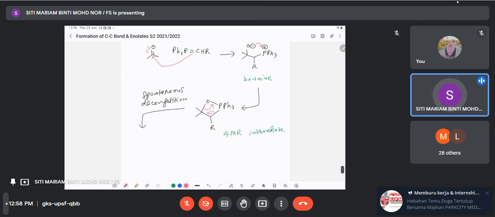So what you get there is this structure. You have methyl, and then you have that double bond, and then you have R. So that's the alkene product.